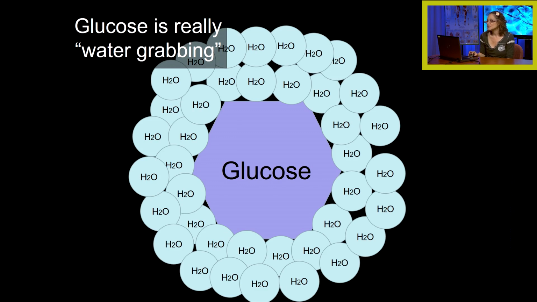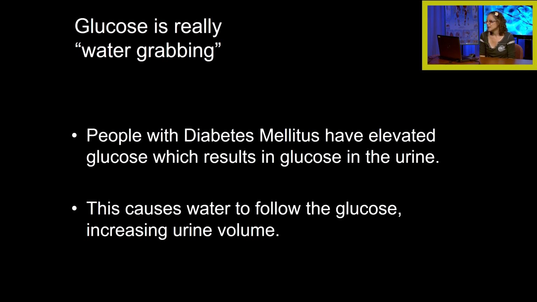So glucose is really water grabbing. And people with diabetes mellitus have elevated glucose, which results in glucose in their urine. I mentioned before that someone with diabetes might urinate a lot. This is called polyuria. And what this causes is water to follow the glucose, increasing the urine volume.